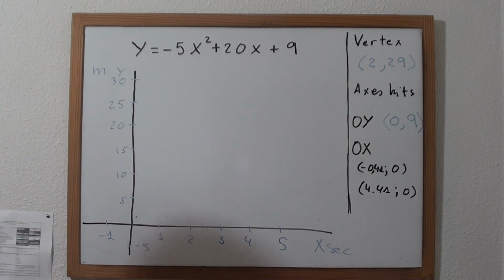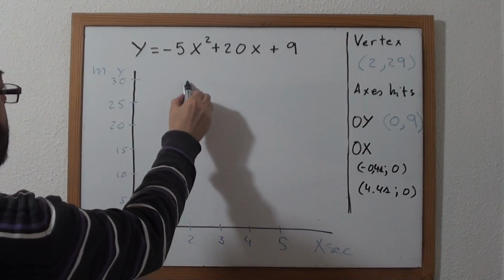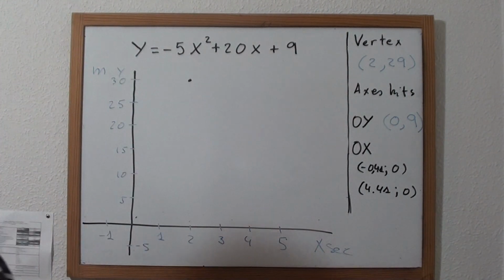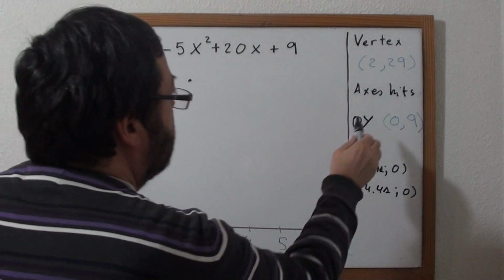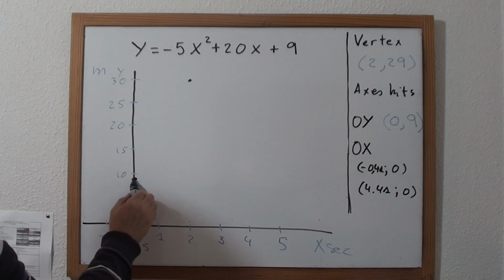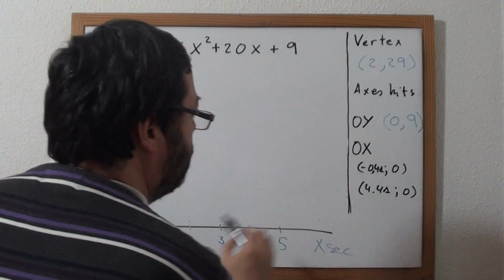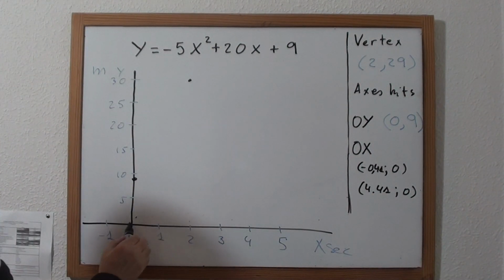And now let's graph the points. First the vertex, 2, 29, it would be here. The axis hits, 0, 9, it would be here. Minus 0.41, it would be around here.